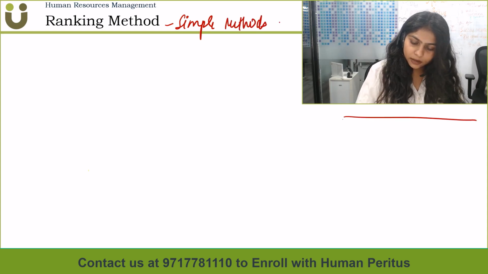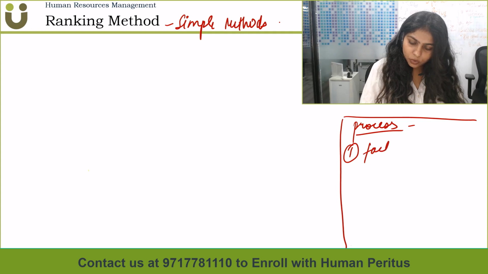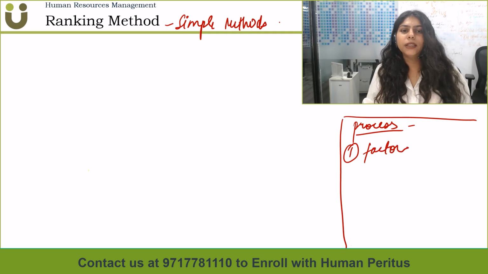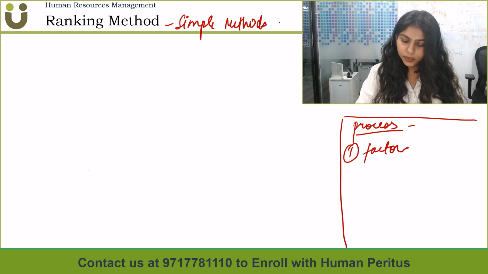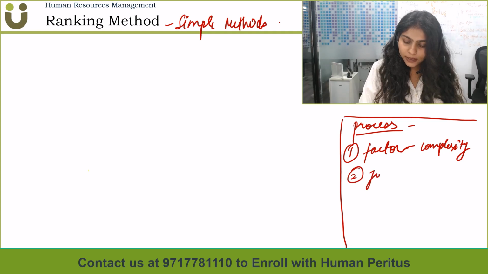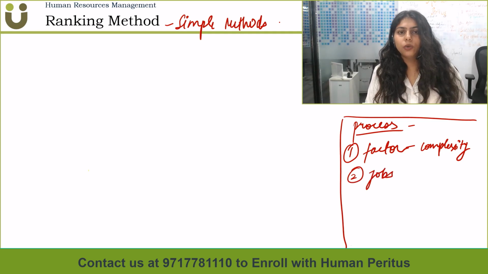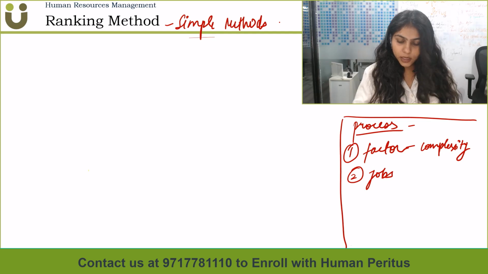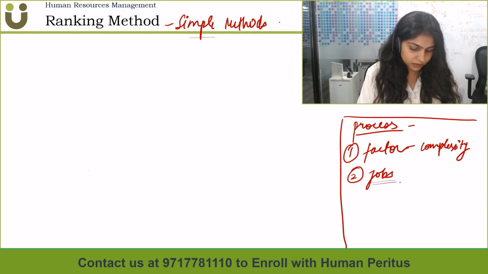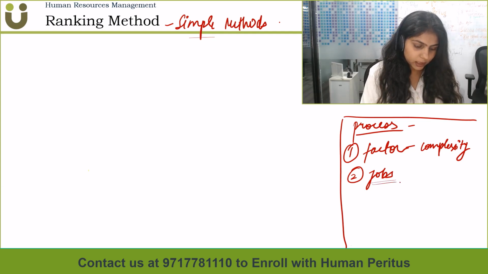Let's understand the process of the simple method. The first thing I do is select a factor, a basis that I want to rank the jobs on. Let's say I take complexity. Then I select the jobs that I want to evaluate.